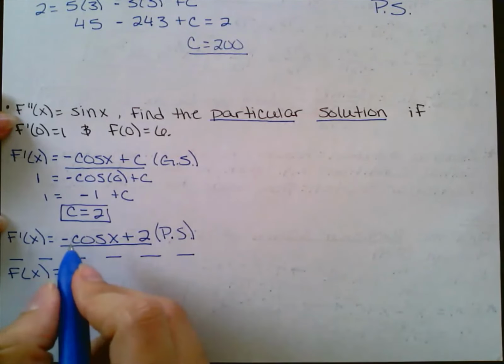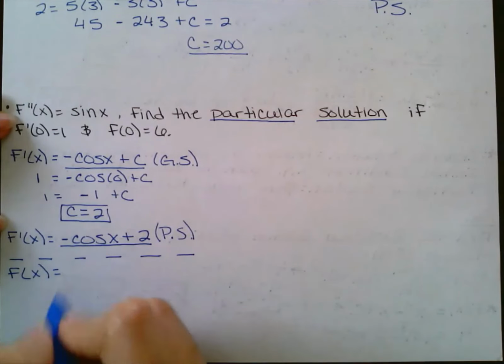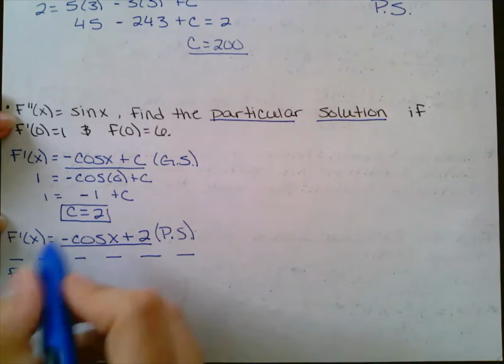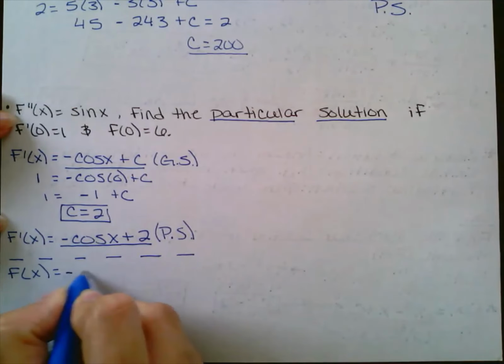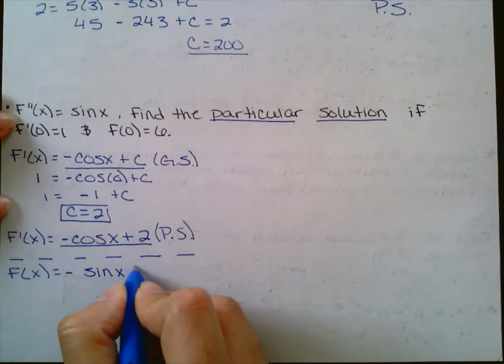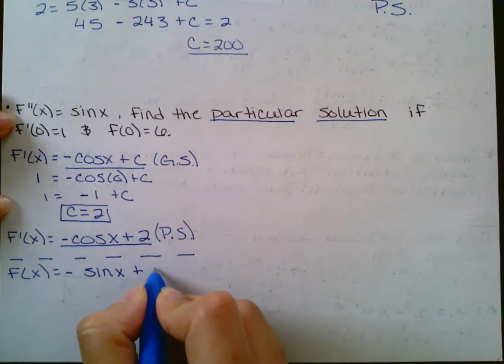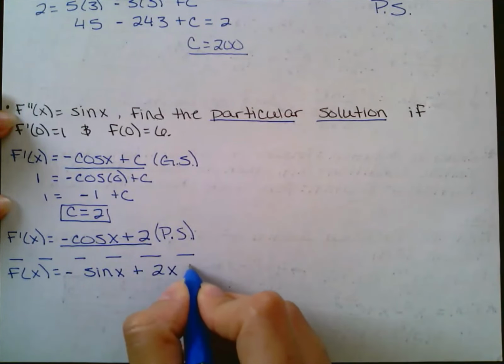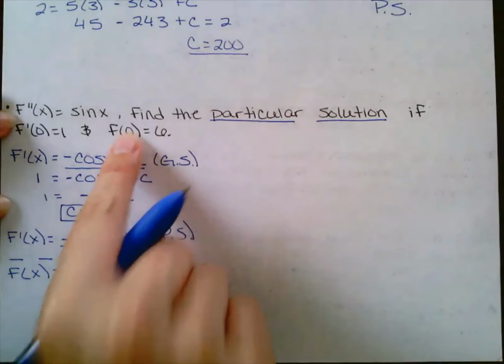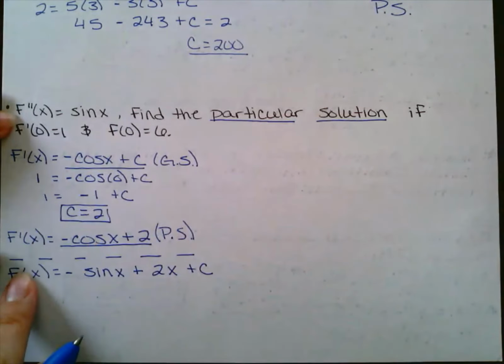Okay, the antiderivative of a negative cosine, if you haven't memorized, you have memorized that the antiderivative of cosine is sine. So you can just bring down that negative. Okay, now plus the antiderivative of 2 is 2x, and now we do plus c again. So now I can use my ordered pair that goes for f because I'm down to f.